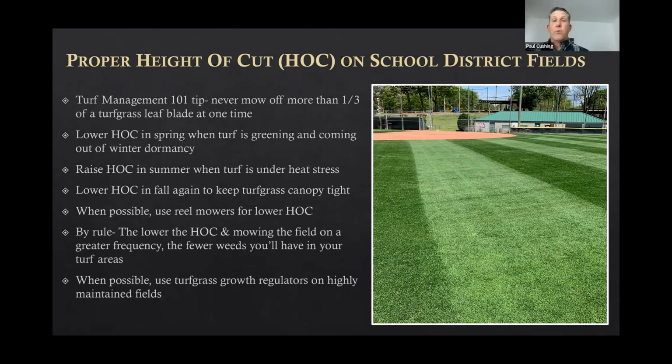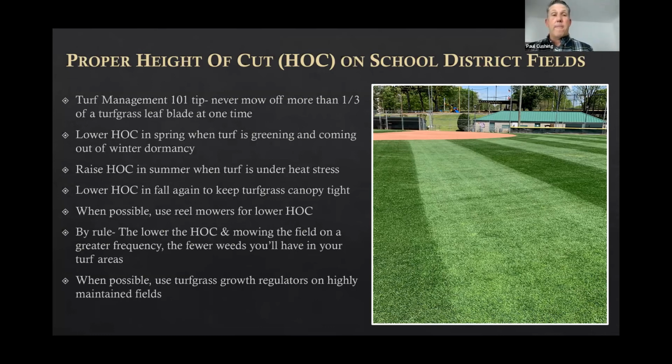But if you cut off more than 1/3 of that leaf blade, you set the turf back, you end up leaving the clippings on top, which is not a good thing, and you end up with disease down below. And when a plant isn't able to photosynthesize, it starts to yellow and it gets hot, all sorts of things. So making sure you never mow more than 1/3 of the leaf at one time is a really key part of being successful.